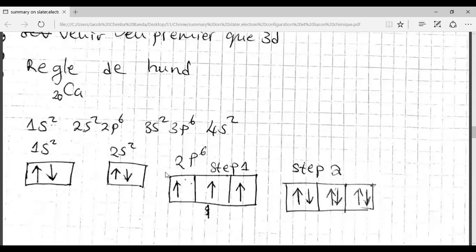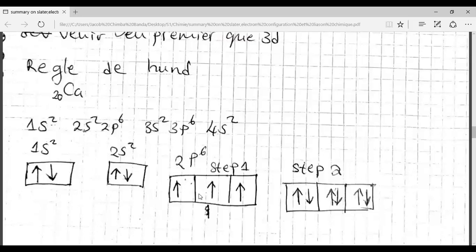Then 2p6. For 2p6, first of all, according to Hund's rule, the first step is to fill in up, up, up. After that, in the second step, you fill in the opposite ones. Don't ever fill an orbital fully with two electrons first.